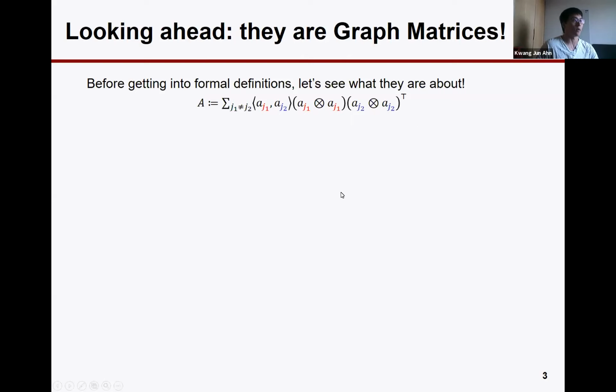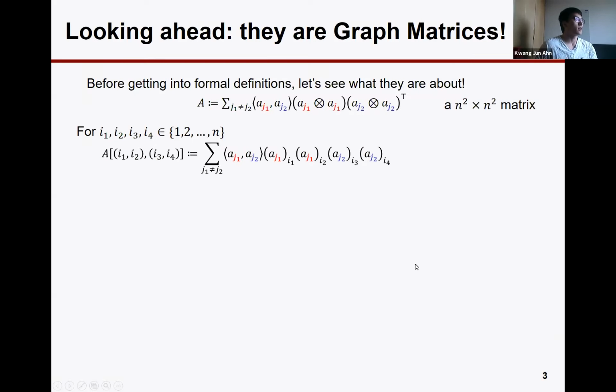I'm going to make this formal throughout the rest of the talk. Since this is an n squared times n squared matrix, to specify one entry we need 4 different indices among 1 to n. The entry corresponding to i1, i2, i3, i4 will look like this.